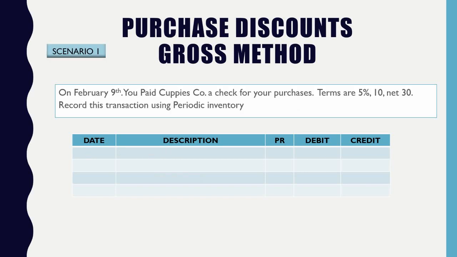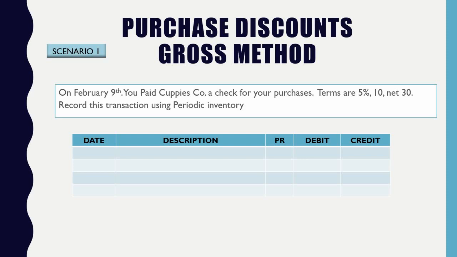So then let's say scenario 1. We decided on February 9th that we're going to make a payment to Cuppy's Co. All right? So in this case, when we're making a payment on the 9th, our terms was 5% 10 net 30. So 9 days later, I decided to pay Cuppy's Co. So in this case, I'm going to recognize a contra account, right?